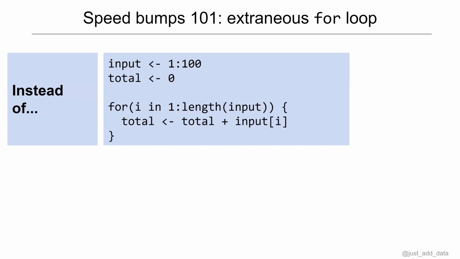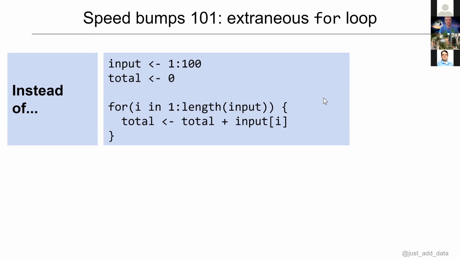In some languages, the way you might total up a vector is by looping over the elements of that vector and initializing some kind of total variable to 0, and then continuing to sum up your total plus the newest input and reassign, overwriting your old total object there, and that might be how you would take a sum, for example.